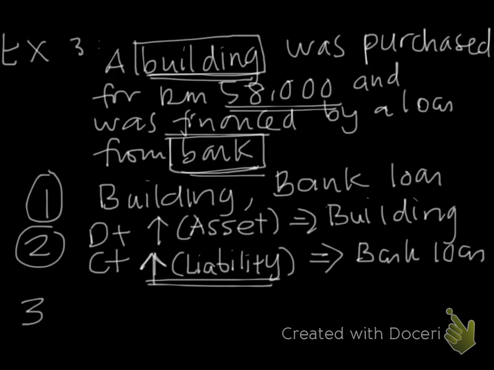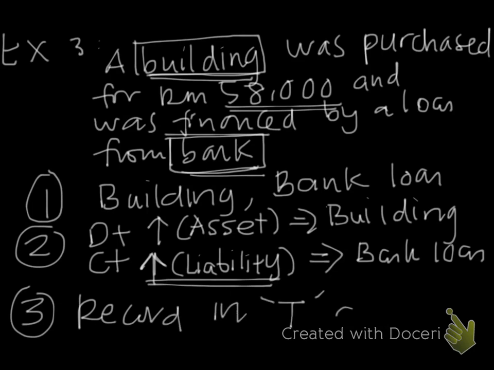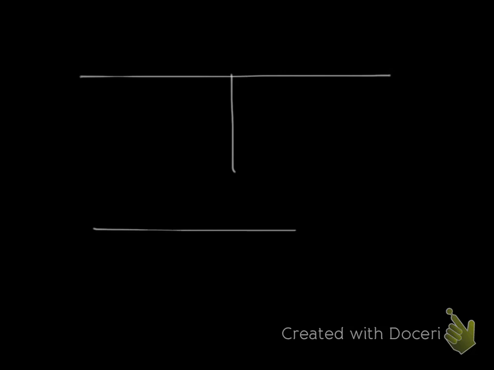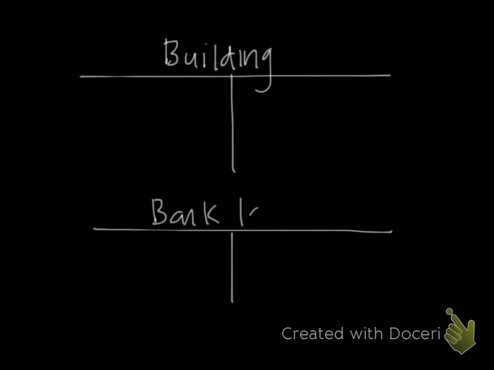So for the step number 3, we record in T account. So how to record in the T account? We already identified two accounts, which is our building and our bank loan account.